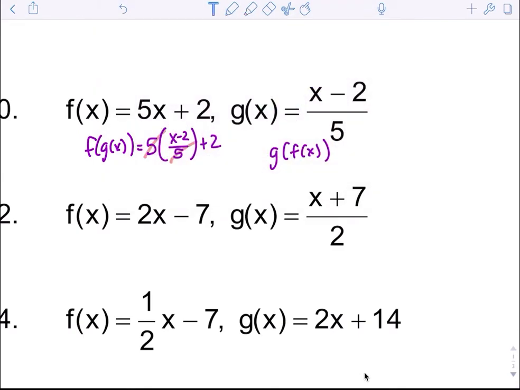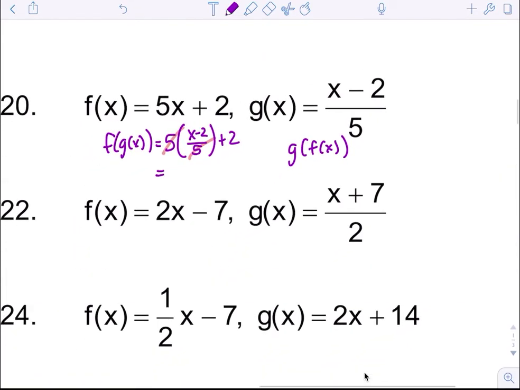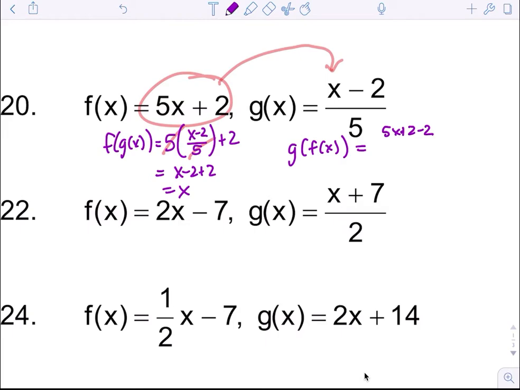The 5s cancel, so we just have x minus 2 plus 2, which is just x. Good. Now for this one, g of f of x, that means we substitute f of x in for that. So we're going to get 5x plus 2 minus 2 all over 5, which is equal to 5x over 5, which is equal to x. So since both of them are equal to x, we know that they are inverses of each other.